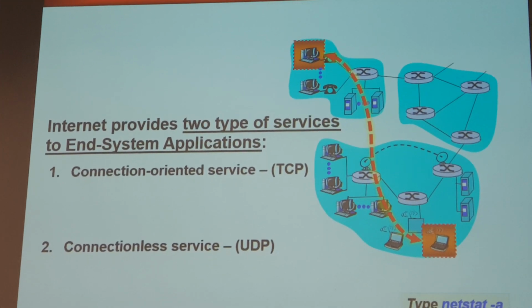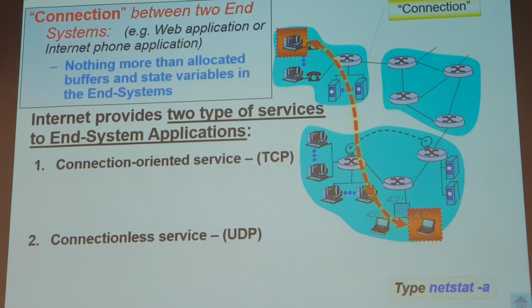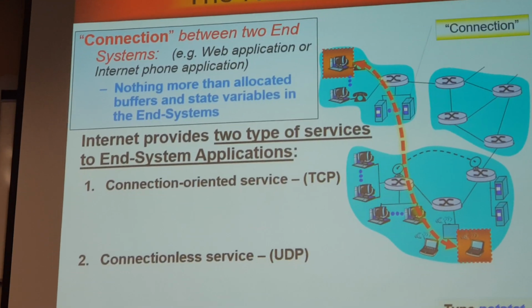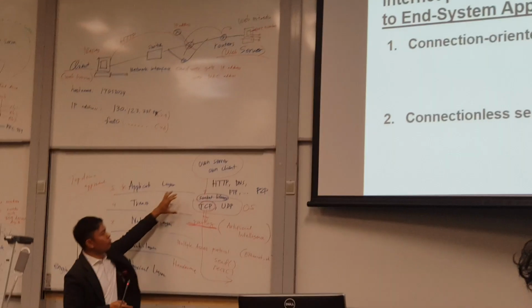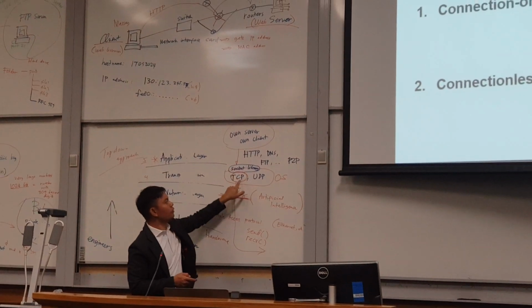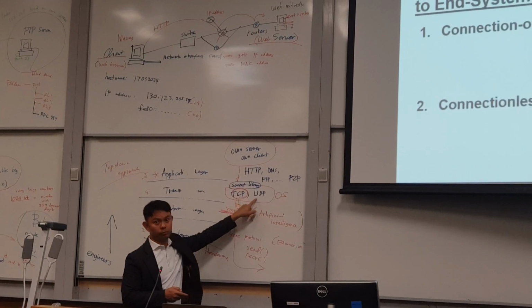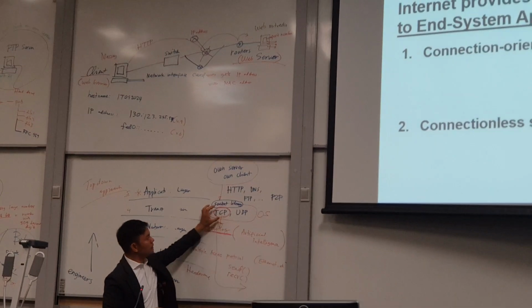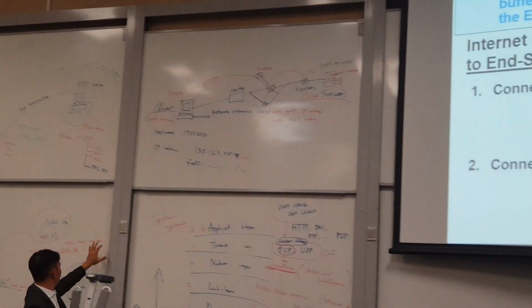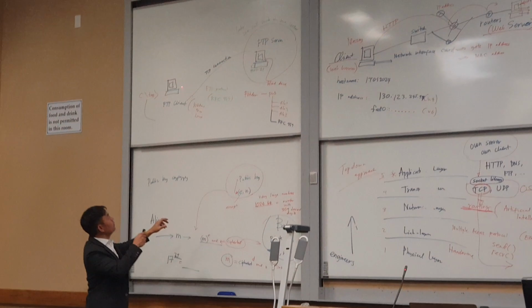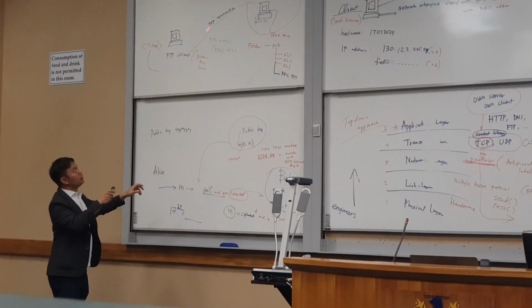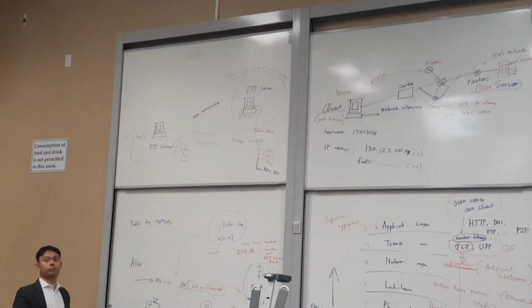Next, I did mention that every time you're trying to write a program using the socket library, you only have two options. You have TCP or UDP. I did mention that when transferring a file, the FTP client and the server have to communicate by TCP.